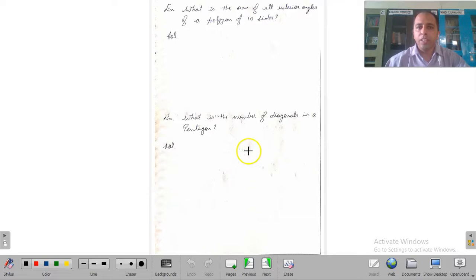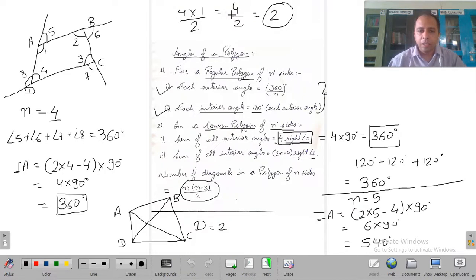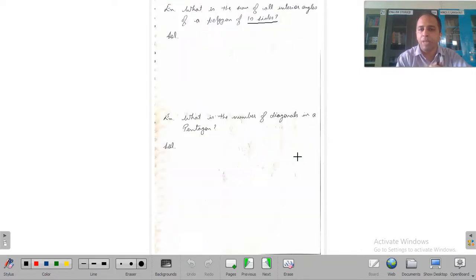Now what is the sum of all interior angles of a polygon of 10 sides? What have we been asked? Sum of all interior angles. Look at what formula we studied just now: 2n minus 4 multiplied by a right angle. So the sum of all interior angles is equal to 2n minus 4 multiplied by 90 degrees.